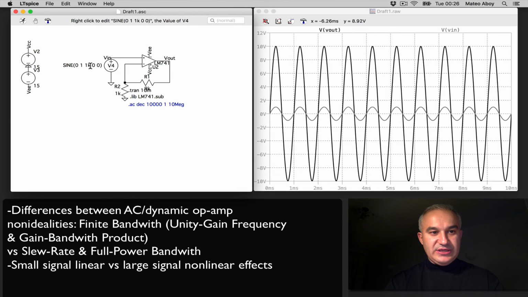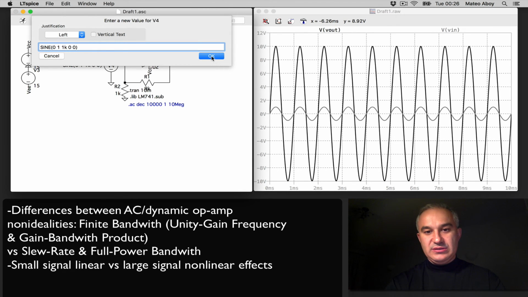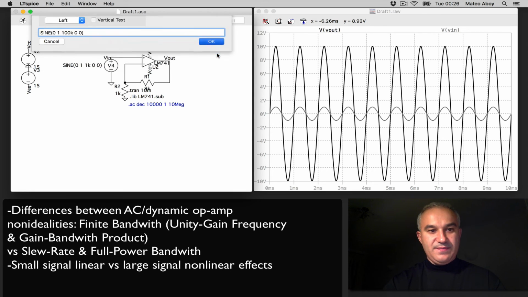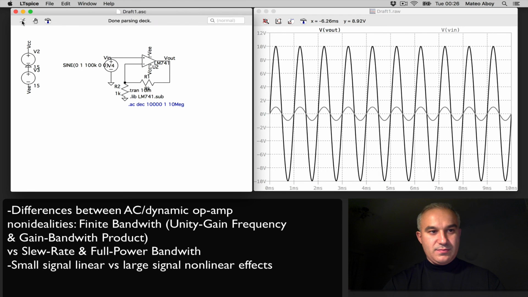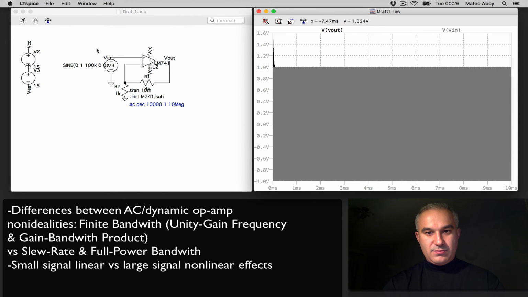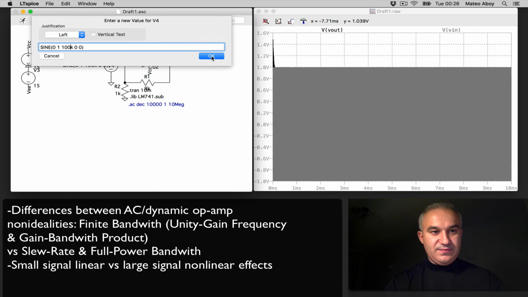what we are going to see is that if we increase that frequency, we may lose some of that gain, right? So at 10 or 100K, we were expecting a gain of 10 and we are not getting it, right?